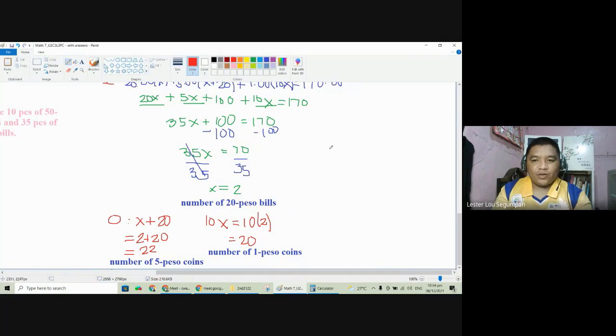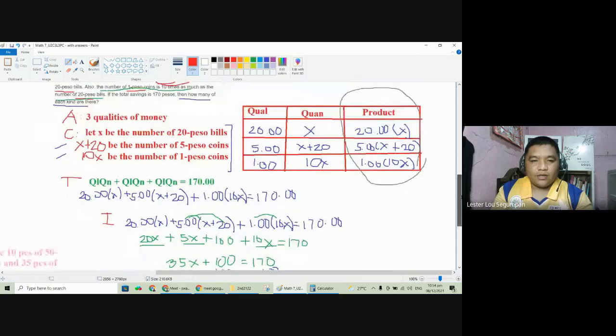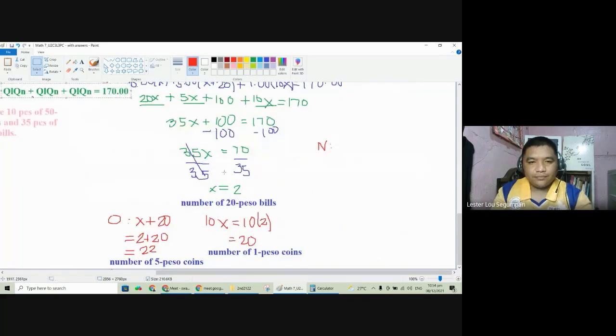Last step for this last item and the last video for the second grading, you will have here the checking of amounts. This should be 170 pesos. So you have here how many pieces of 20 peso bills.